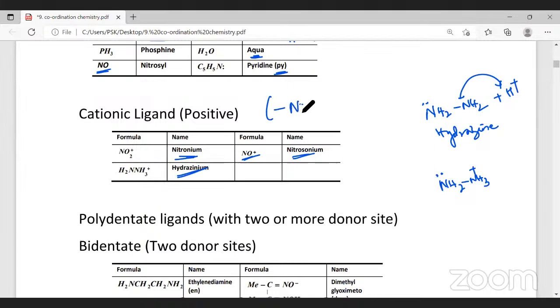Positive ions, the name has to end with IUM. Negative ligands, the name has to end with what? Neutral ligands have special names. Positive ligands, the name will end with IUM. Did you follow?